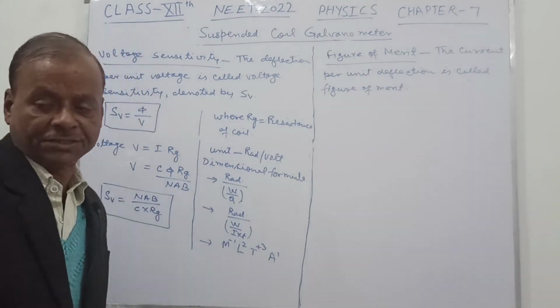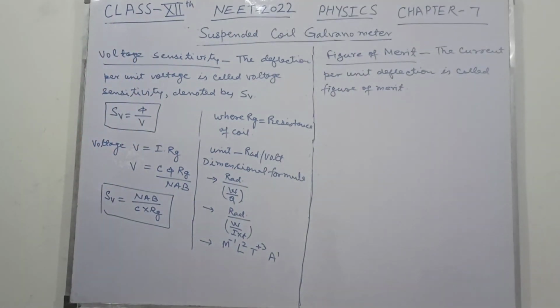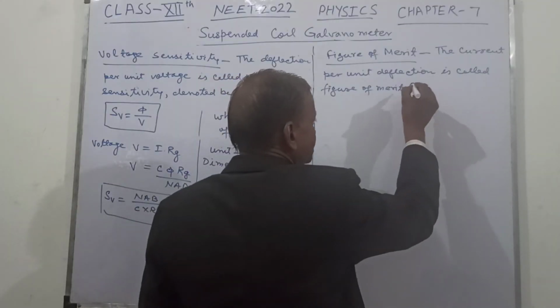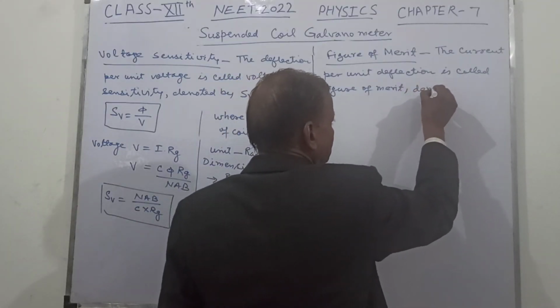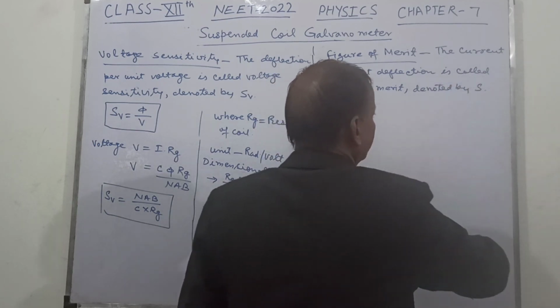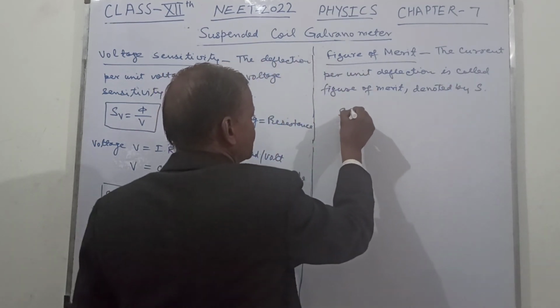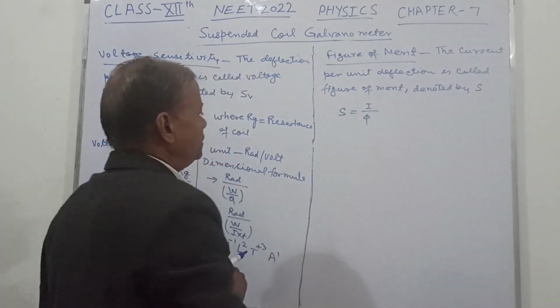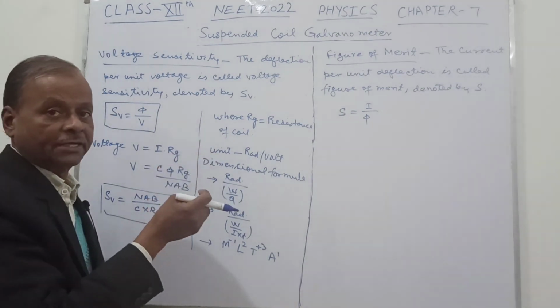The figure of merit is generally denoted by S. So this S is equal to I upon phi. This is the reciprocal of the current sensitivity.